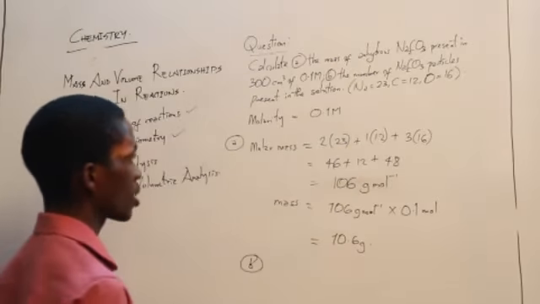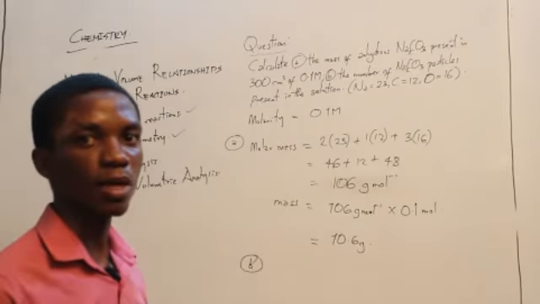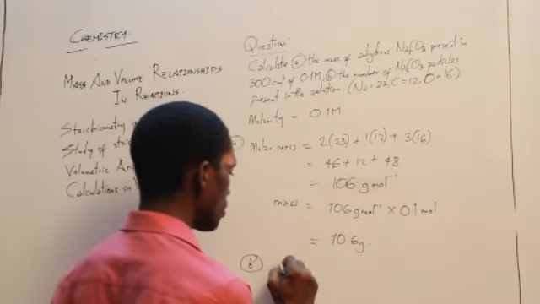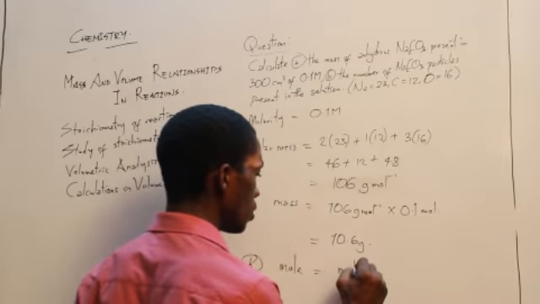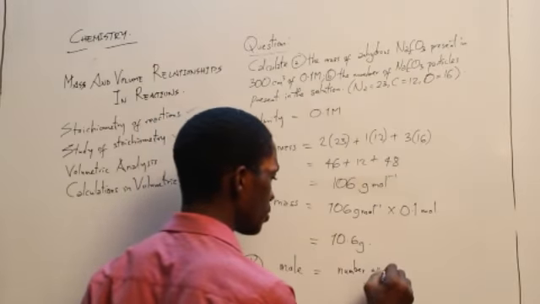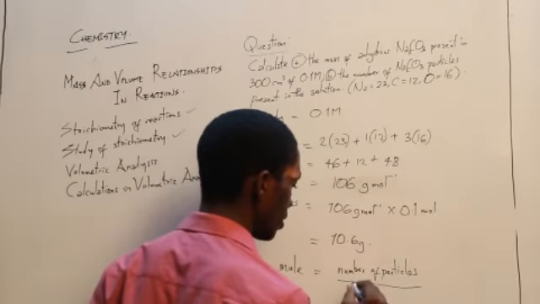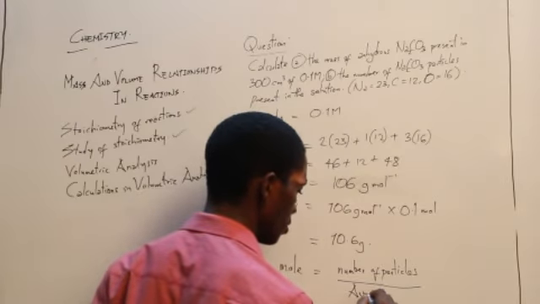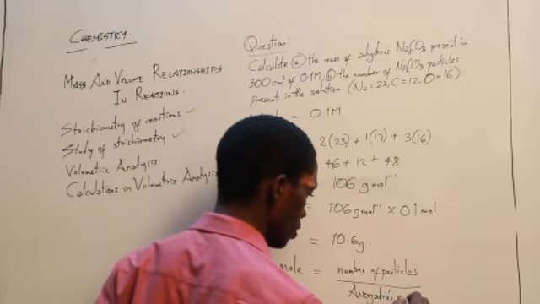The B part says we should calculate the number of particles. The number of particles can be calculated using the Avogadro's number. We know that the mole is equal to number of particles divided by Avogadro's number.